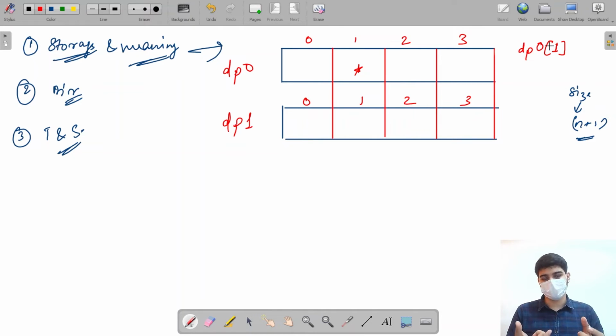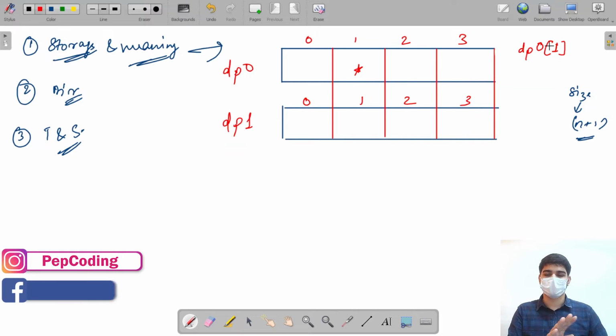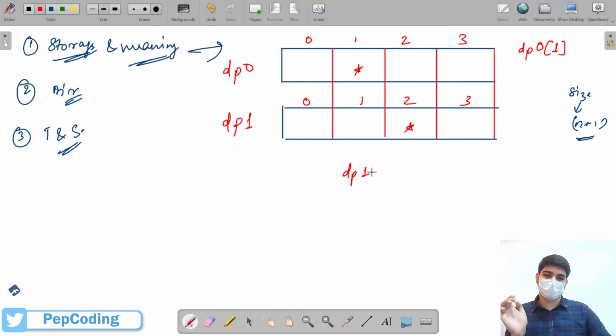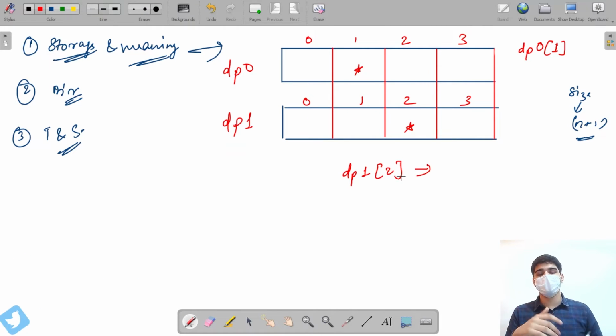So whatever the question says, the number of binary strings that are possible which have no consecutive zeros and are of the length of the index. So if we talk about DP of 1 of 2, it would simply mean the number of binary strings that are possible of length 2 which end at 1.